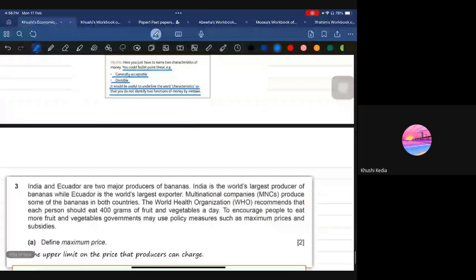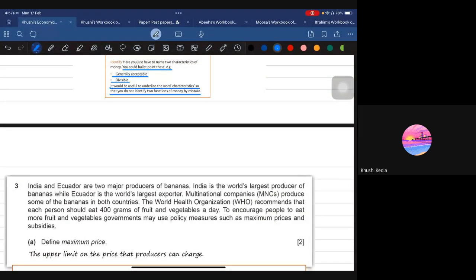So, Khushi, if you look at this particular question, a sample answer was also there as well, but this seems to be a sample answer or a candidate response.